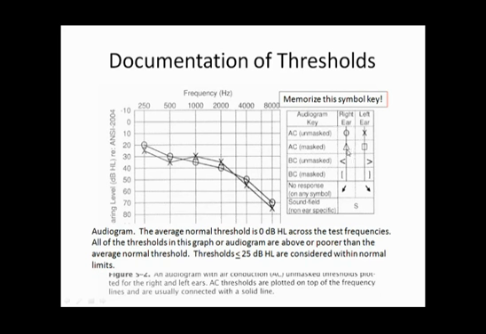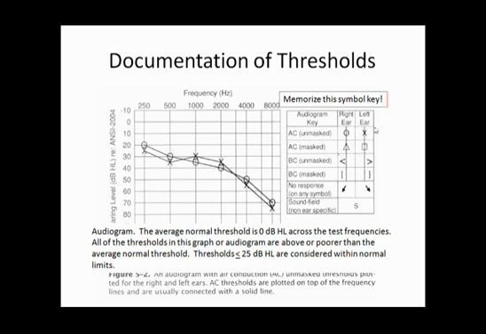The triangle represents masked air conduction thresholds. So a right masked air conduction symbol means that the left ear received the masking noise. A left masked air conduction symbol means that the left ear was the test ear. The non-test ear was the right ear, and the right ear received the masking noise.